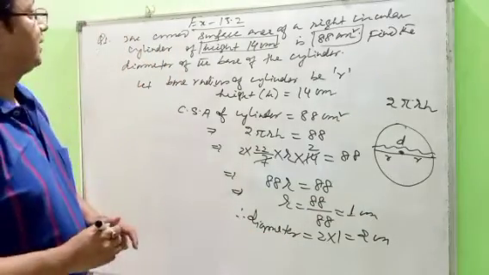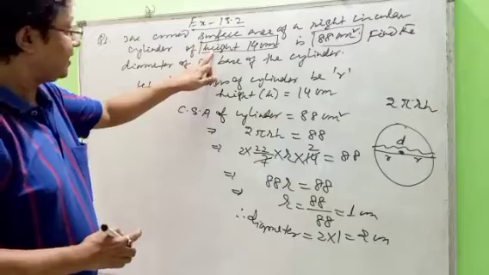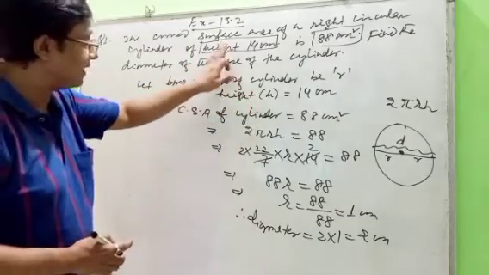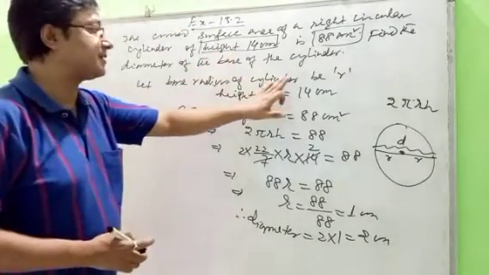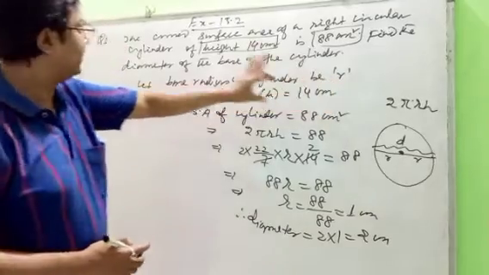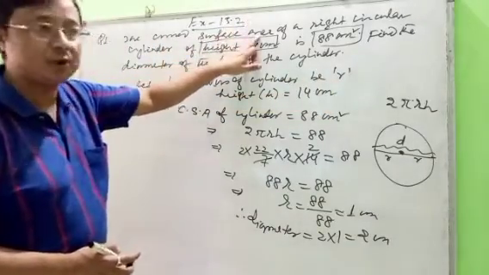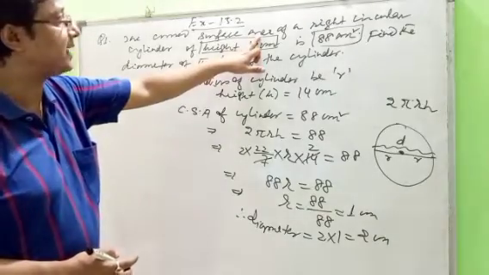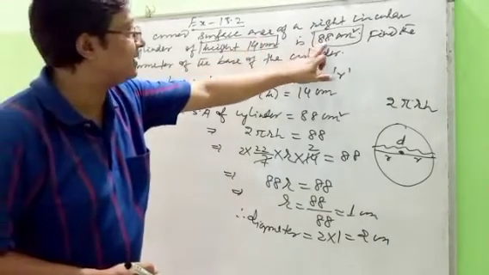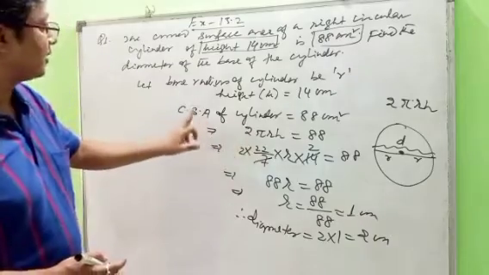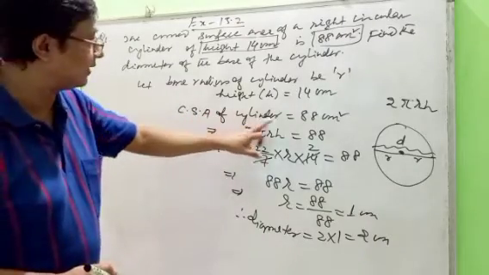Here the height is given, and the radius is not given, so we have taken it as r. Then the curved surface area, which is also called the lateral surface area, is given as 88 centimeter square.